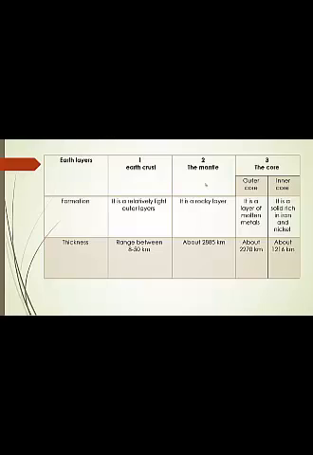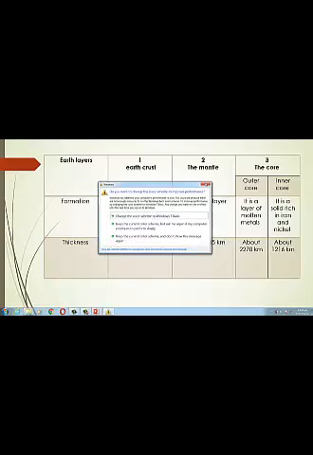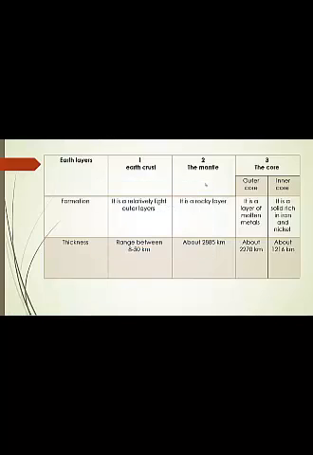Secondly, the mantle. It is a rocky layer. Its thickness is about 2,885 kilometers. Thirdly, the core. The core is divided into two parts: the outer core and the inner core.